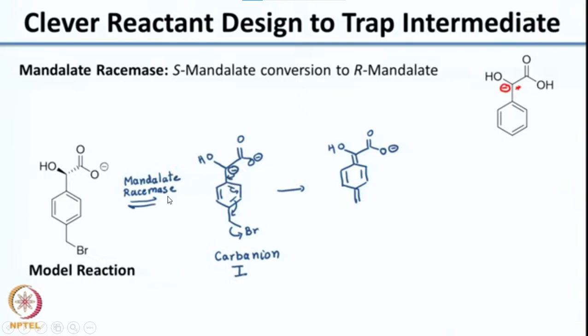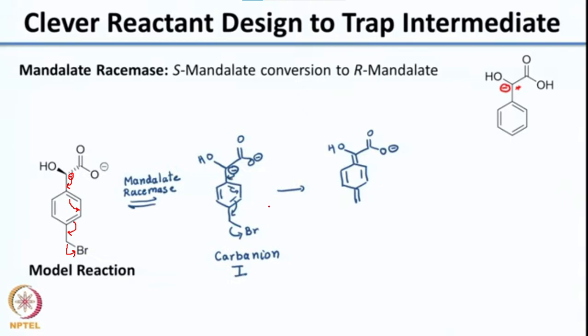Here you can see if proton abstraction takes place from here, negative charge will be generated over here at this carbon, right? When negative charge is generated over here, it can undergo resonance, it can undergo delocalization to give the resonance structure, and this bromine will knock out.